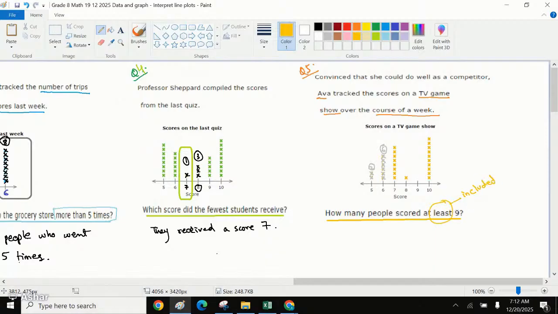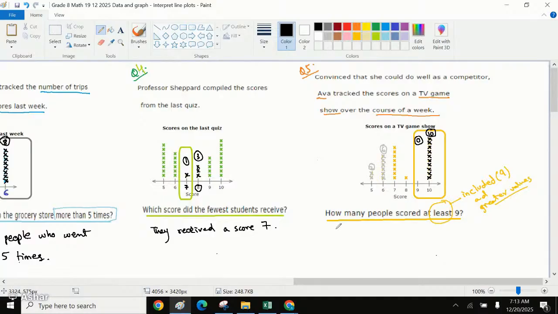Included is 9 and the greater values than 9. So what we need to take is 9 and the greater values than 9. But in case of 9, there were no crosses, that means there were 0 students who got 9 marks. But for the 10, how many students got? 1, 2, 3, 4, 5, 6, 7, 8, 9, and 10.